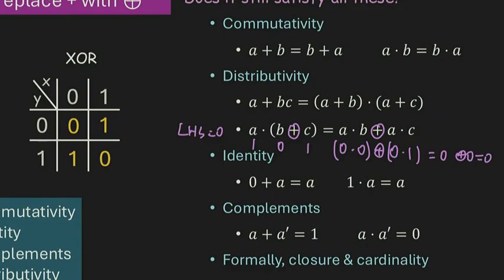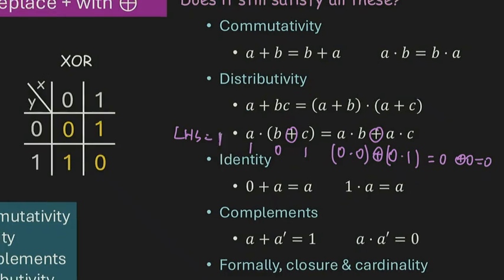On the left-hand side, I have 1.1, and 0 XOR 1 is a 1, so now I'm making my left-hand side a 1. What about the right-hand side? I just plug those values into the expression. 1.0 XOR 1.1, which is 0 XOR 1, which gives you a 1. It still doesn't quite work.